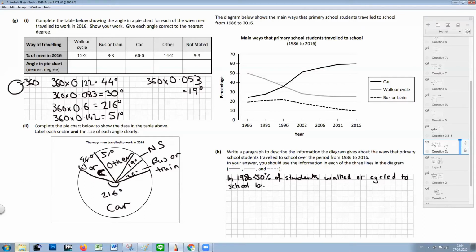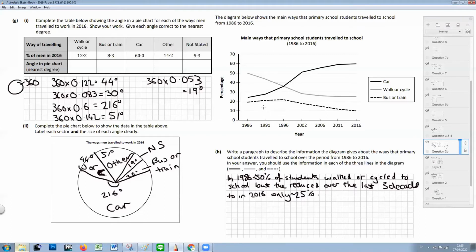But this reduced a lot over the last 3 decades, to now, in 2016, only 25% roughly. So you just put there roughly, you sign.